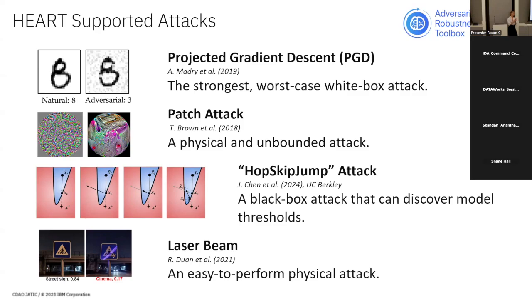In ART, there are tools around LLMs. That's the big type of model these days. So we have adversarial robustness tools for language models. There are also tools available for more classic machine learning, like feature-based models.